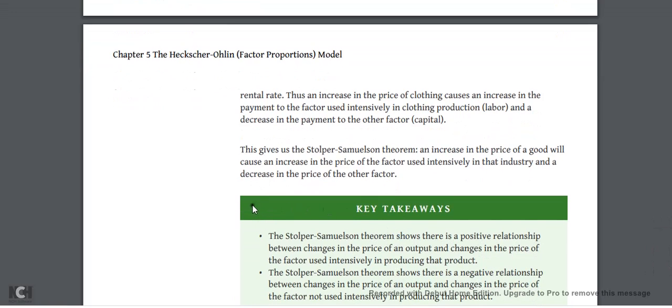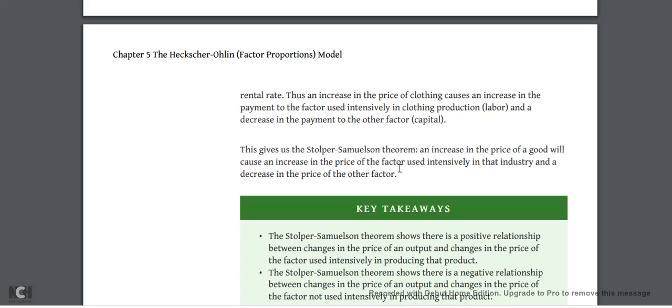I hope that you would have better understood this. The Stolper-Samuelson theorem says an increase in the price of a good, if we imagine the good is steel and the steel price increased, will obviously increase the price of a factor.